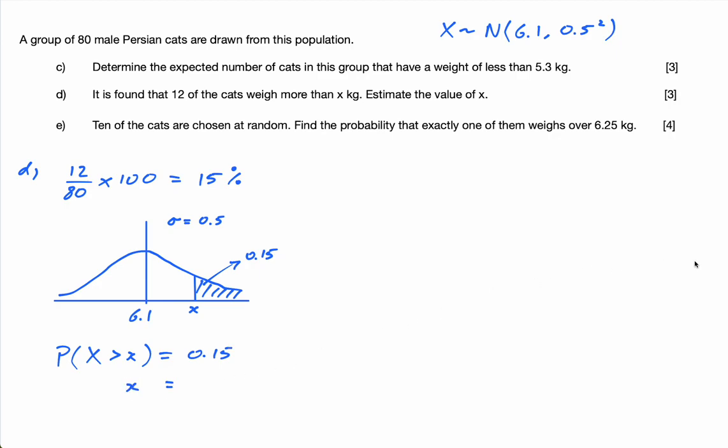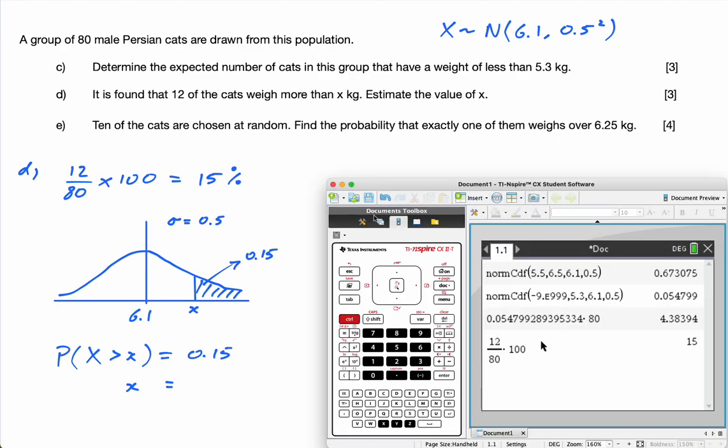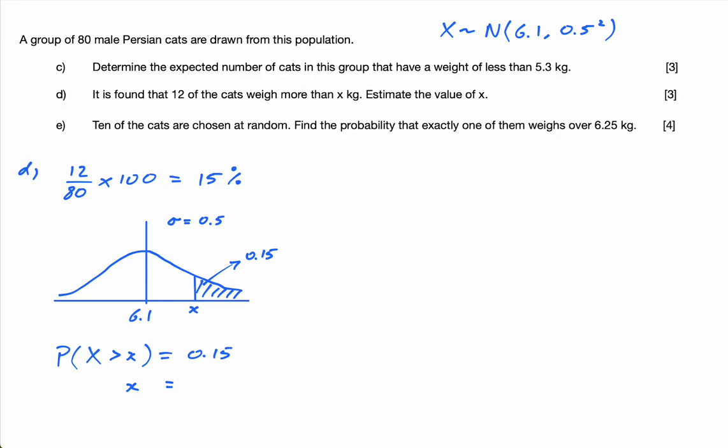Well, it's inverse normal, but be super duper careful because in your calculator, even my super duper calculator, you have to put in this area here. Now there are some calculators that give you the left tail. Just make sure you figure it out for your own calculator.